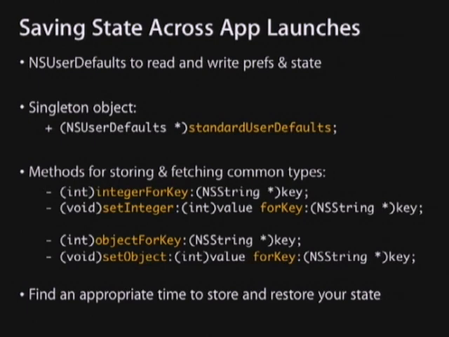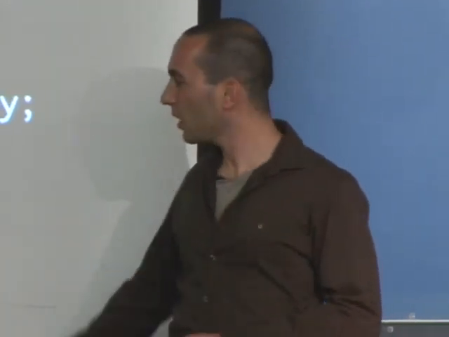But you can also say float for key, Boolean for key. The way this works is there's a property list that gets saved off in a user area for the phone. And when you store values inside of the NSUserDefaults, it automatically writes to that, and when you read them, it reads them back. So use this. This is the answer to that part of the assignment. Find an appropriate time to restore and save that.